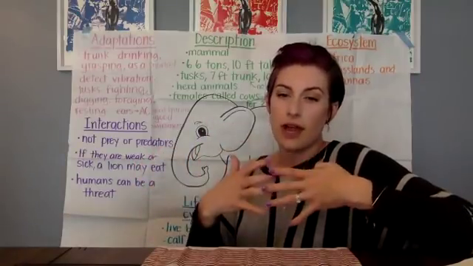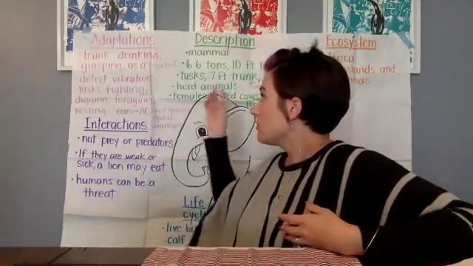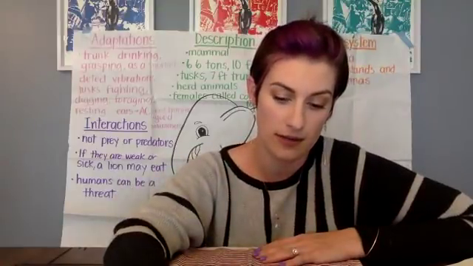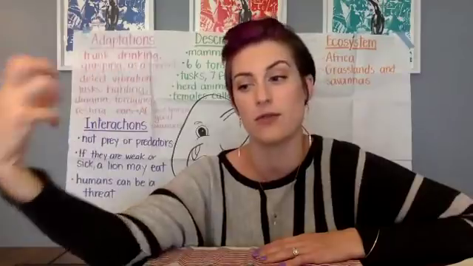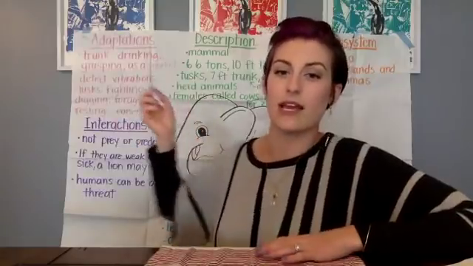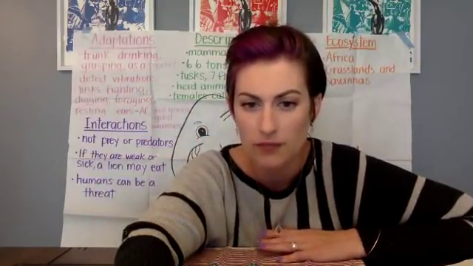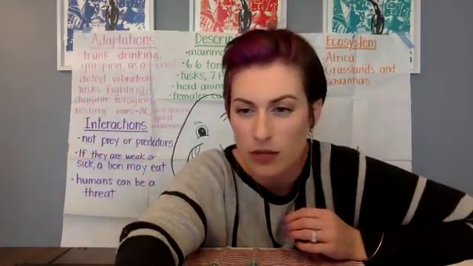So things like that, interactions. You might want to talk about diet. You can bring in the description, but also you're going to have to focus on like your senses and how humans interact with nature and language. So like bringing in a lot of like vivid language. That's like a really big focus for Unit 3. And then 5th grade, there's plenty of awesome charts that you can look up.